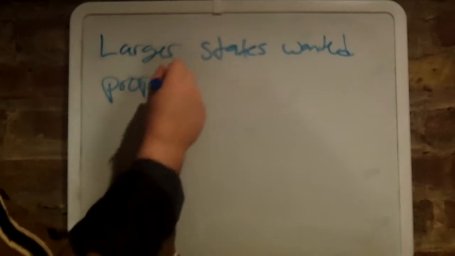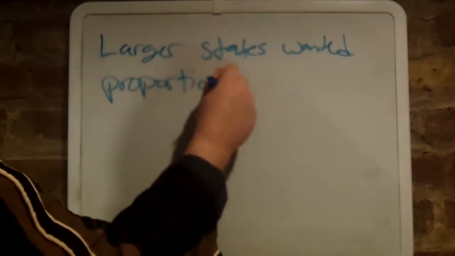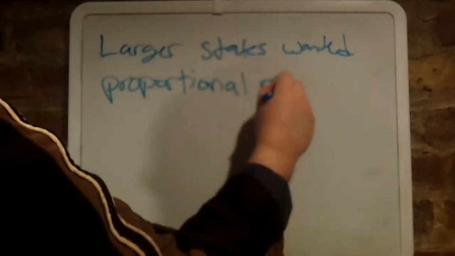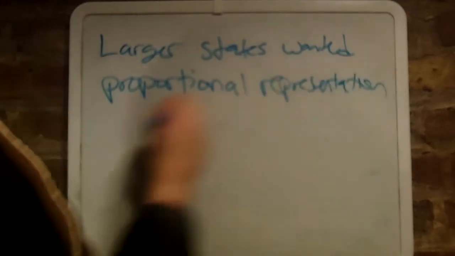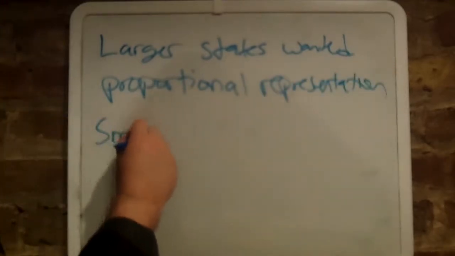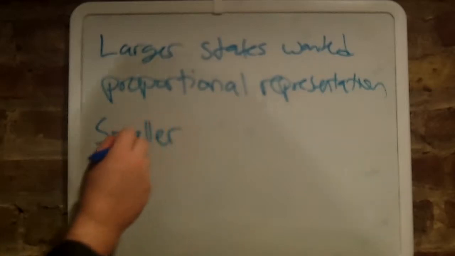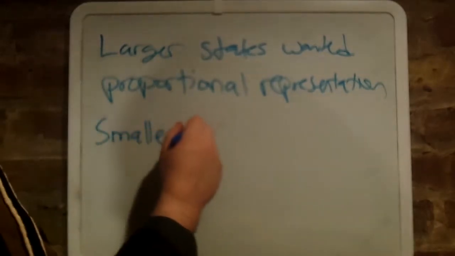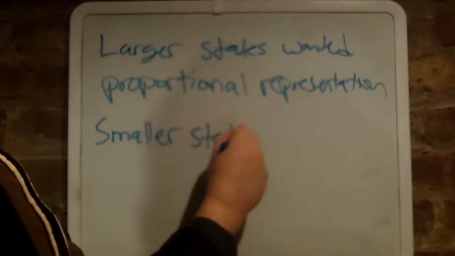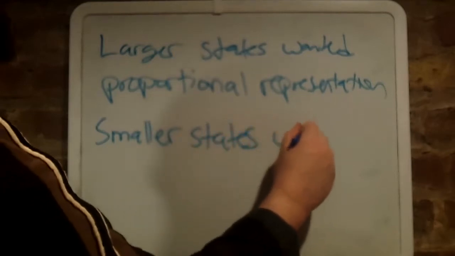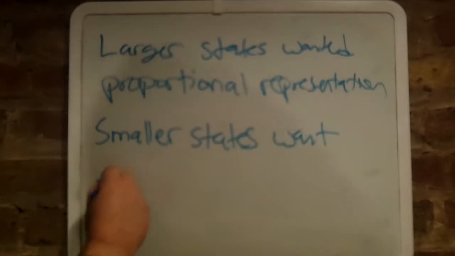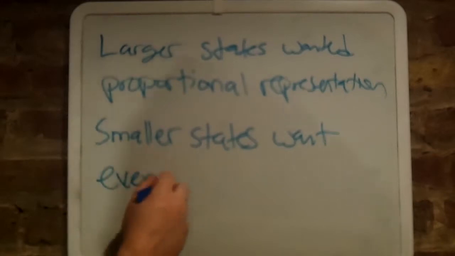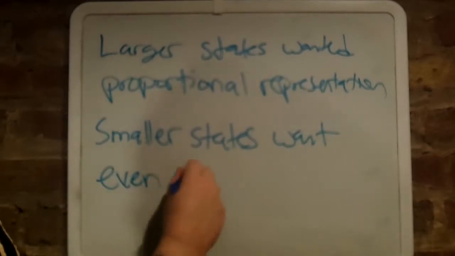So in other words, the larger the population, the more representatives. And smaller states, those were largely the ones, smaller states, north or south, they wanted even representation, so every state gets the same number of representatives.